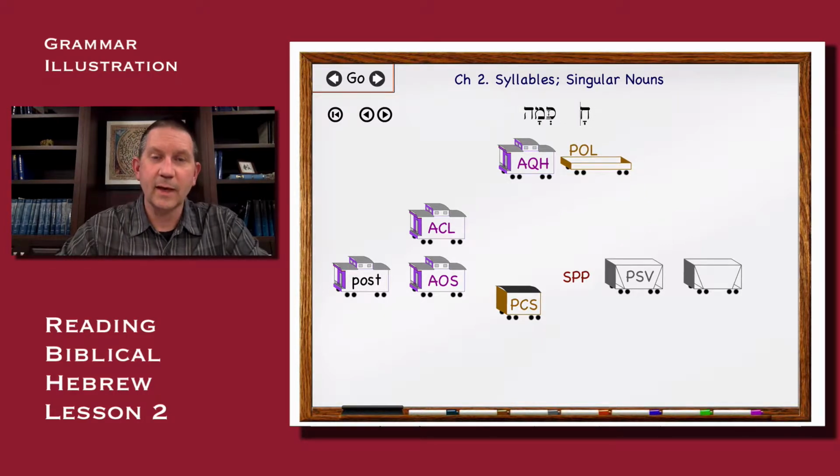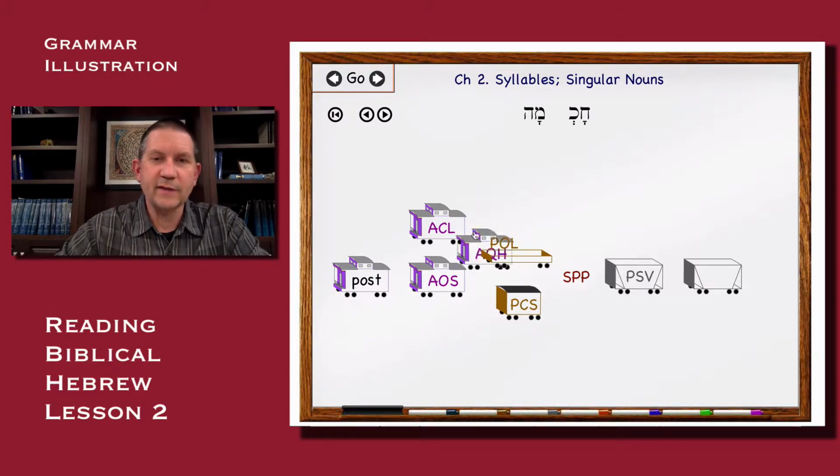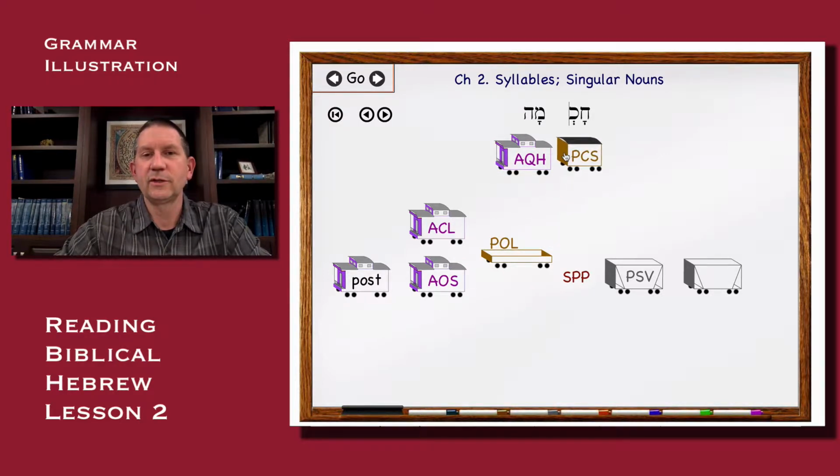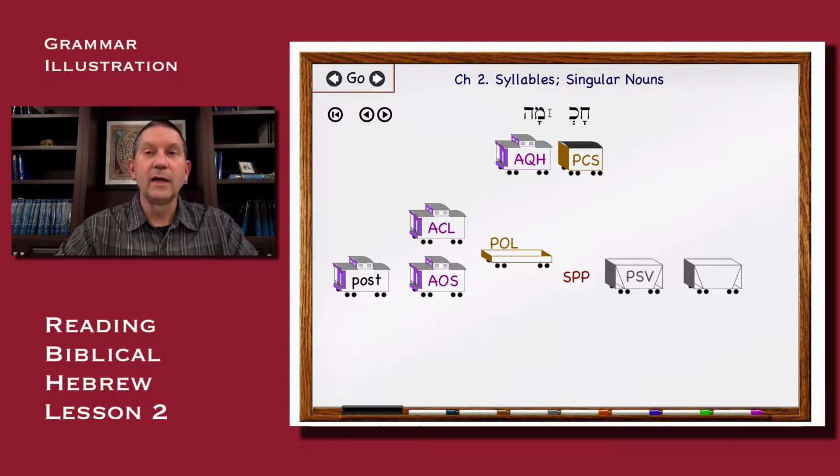Chakhama, which in fact is a word. On the other hand, what if we divide our word here? Well, we still have accented kametz hey, but this would be pre-tonic, closed, and short. That would be the short o kametz, chokhma, which is also a word.